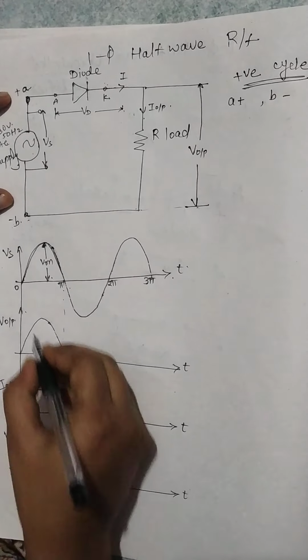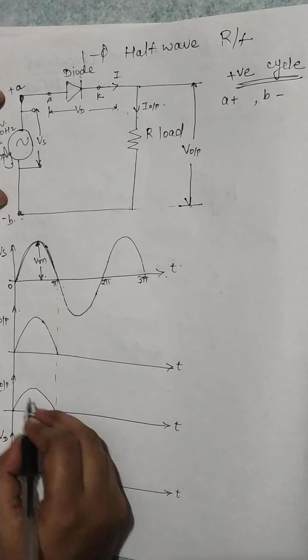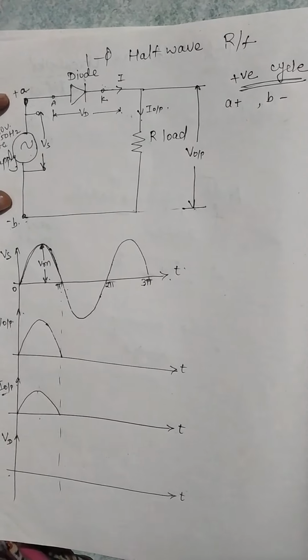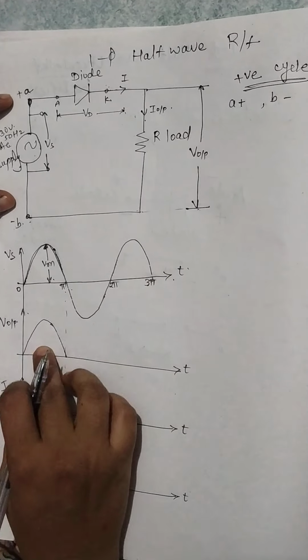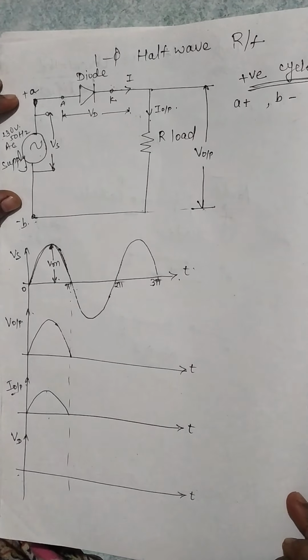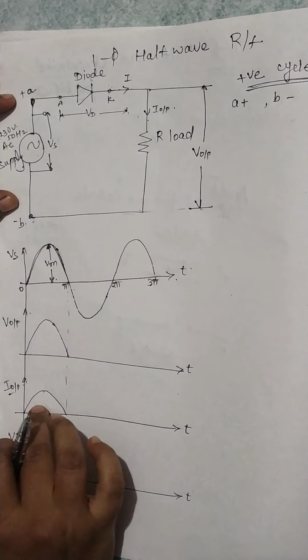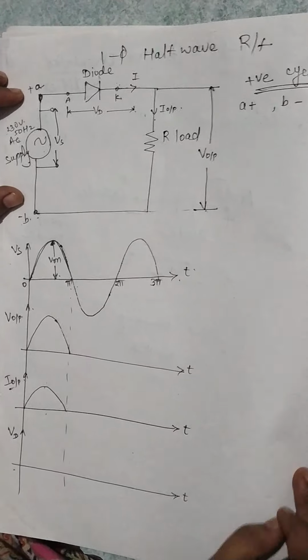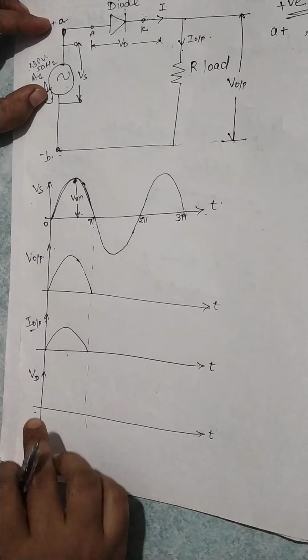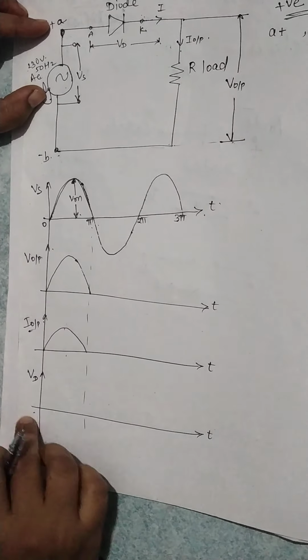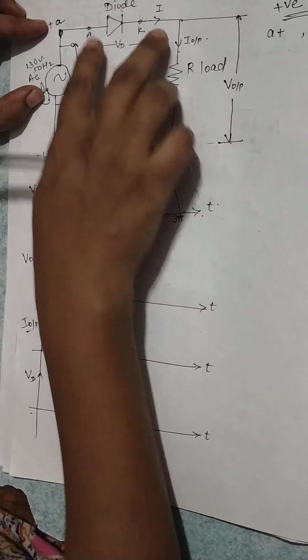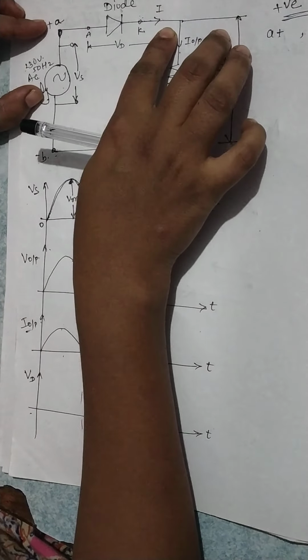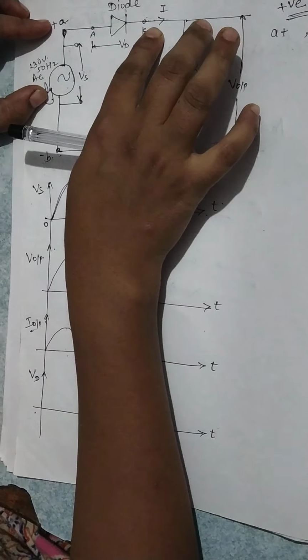See, I have changed the amplitude. Ideally, amplitude of current is lesser than the amplitude of voltage. And what is the voltage across diode? As diode is an on switch, voltage across diode is 0. Clear?